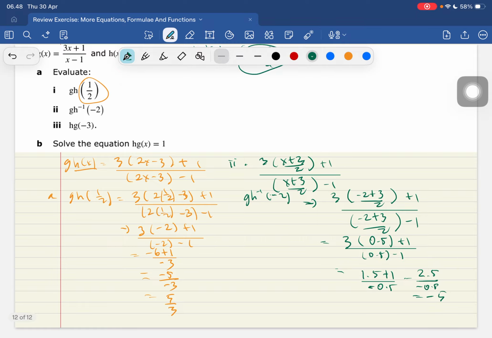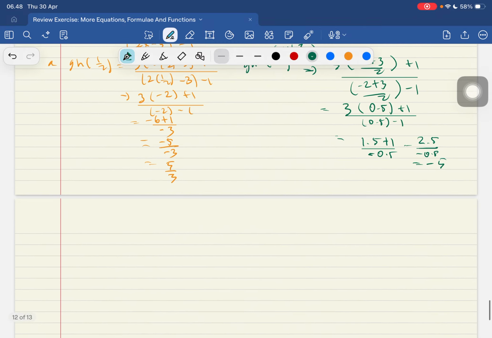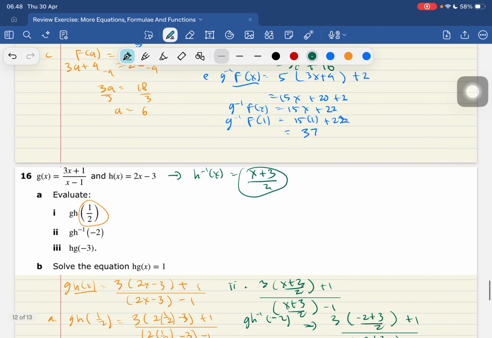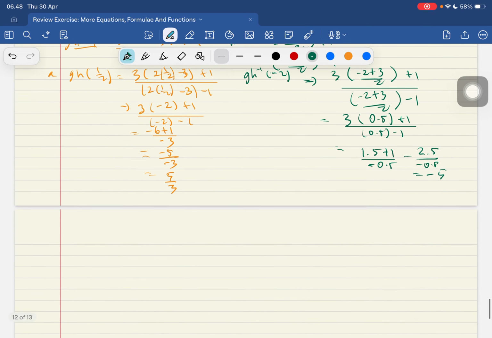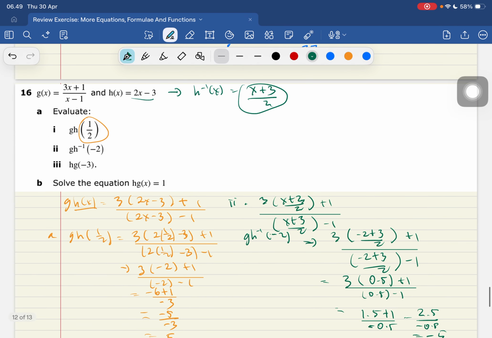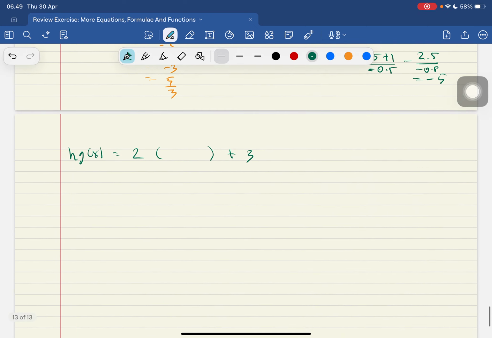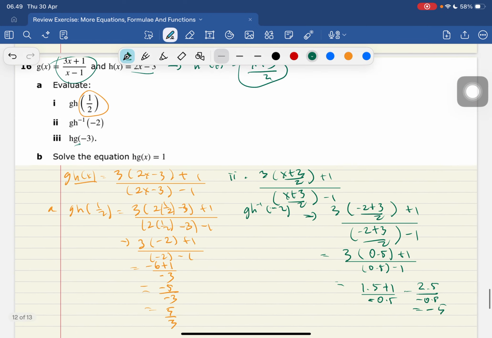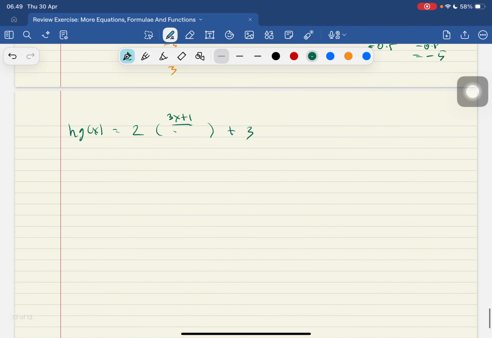Okay, I need one more page. HG, so here's the equation 2x minus 3. So HG of x is 2 bracket plus 3. The input is g, so we write gx, 3x plus 1, divided by x minus 1.